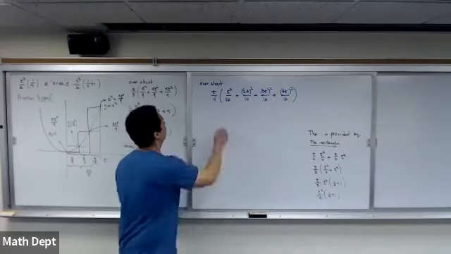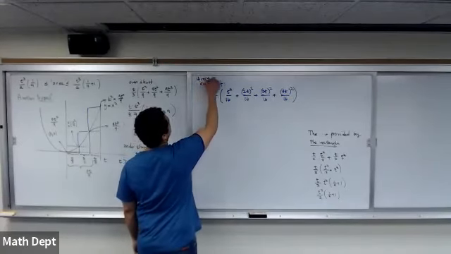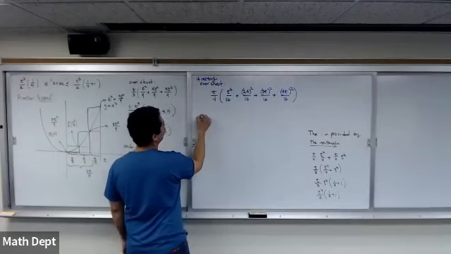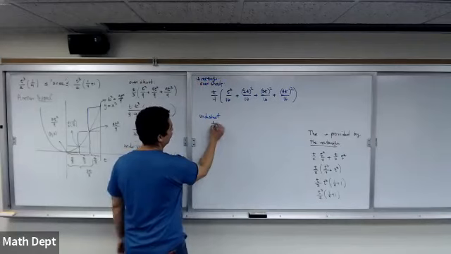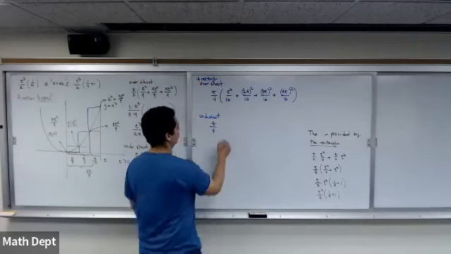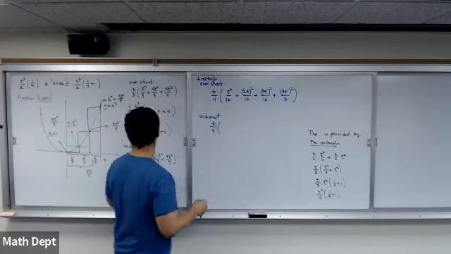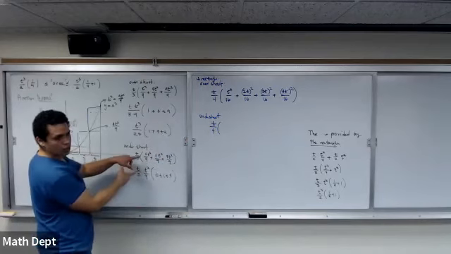Now we use 4 rectangles. The undershoot, divided by 4. Now, this time we're going to start at 0.